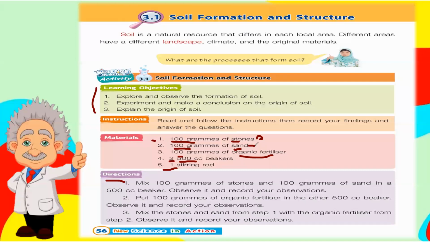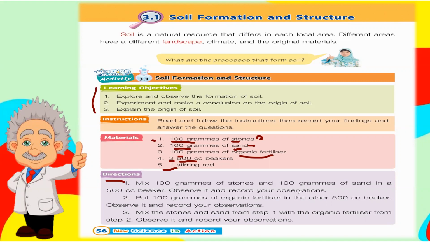We already have two of the beakers. So in one beaker, we are going to put 100 grams of stone and 100 grams of sand, and we are going to mix. Then we are going to observe it and record the observation, and write down the record.